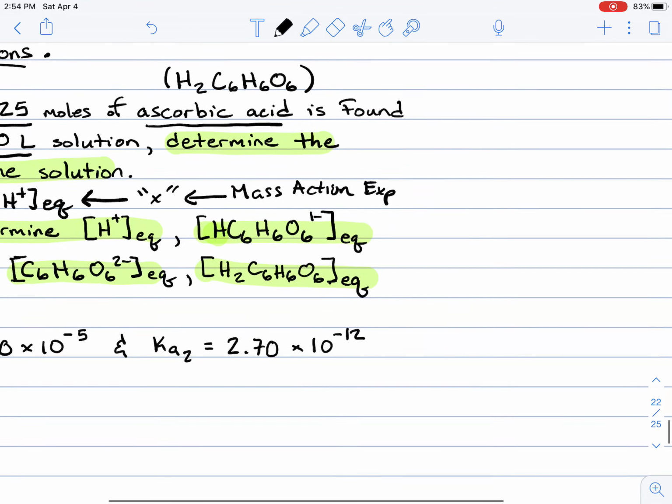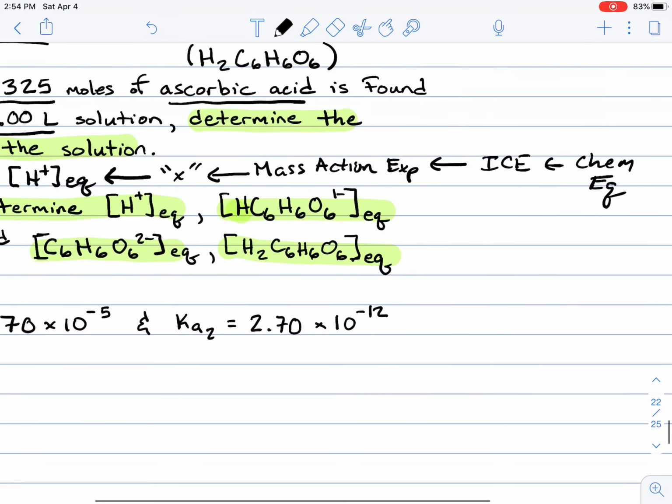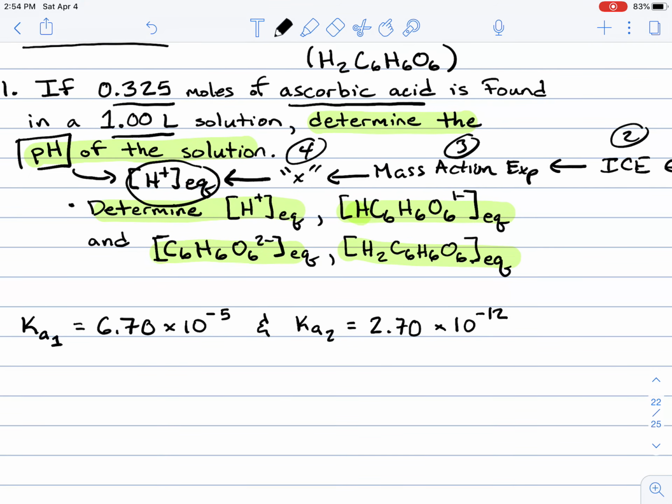For us to write the mass action expression, we need 2 more items: we need an ice table, and we need a balanced chemical equation. So we're going to work backwards, I suppose, with respect to this solution map. We're going to write the chemical equation first, then the ice table, then the mass action expression. We're going to solve for x, then determine the equilibrium concentration, and then determine the pH.